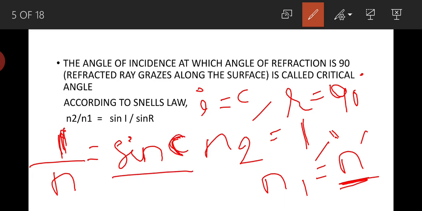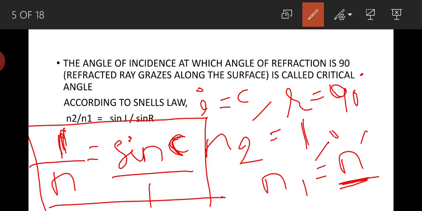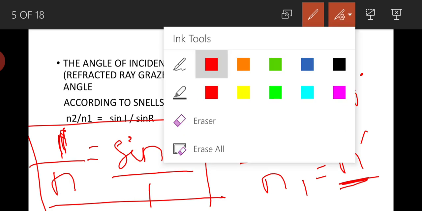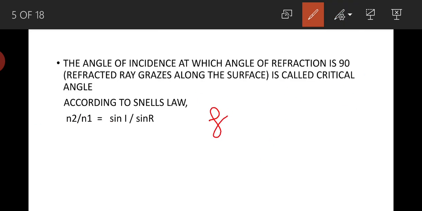We know that sin 90 is 1. So 1 by n is equal to sin C. From this we can conclude that sin C is equal to 1 by n.